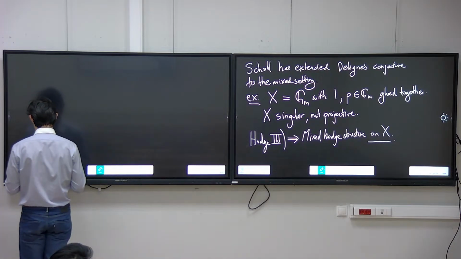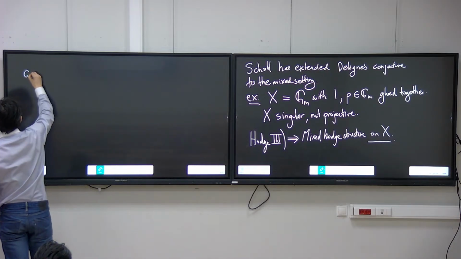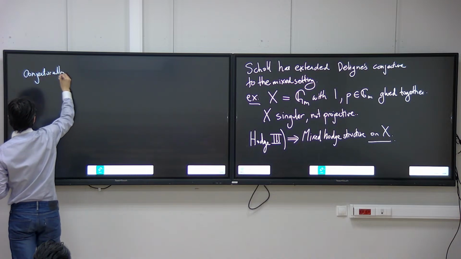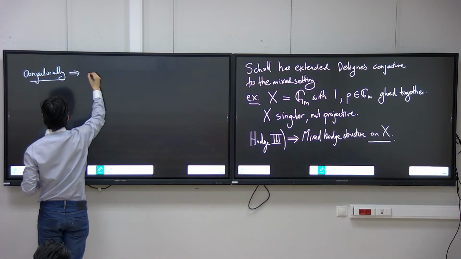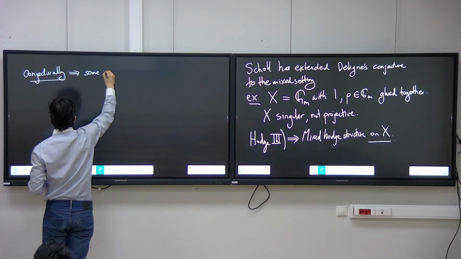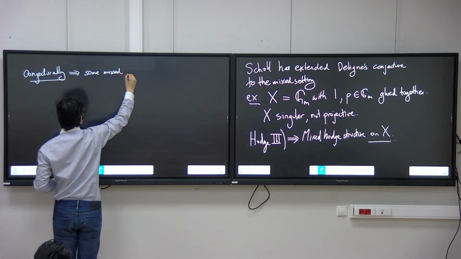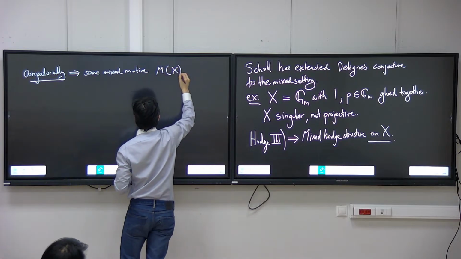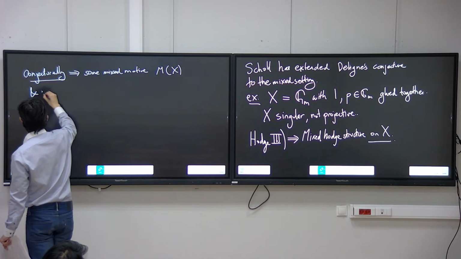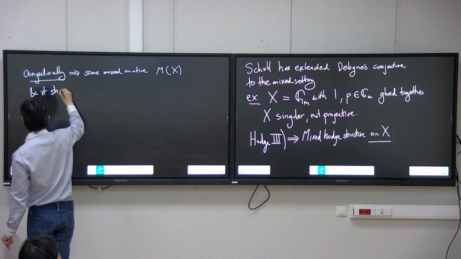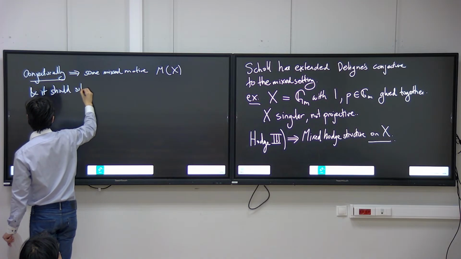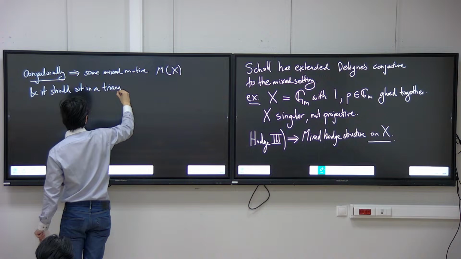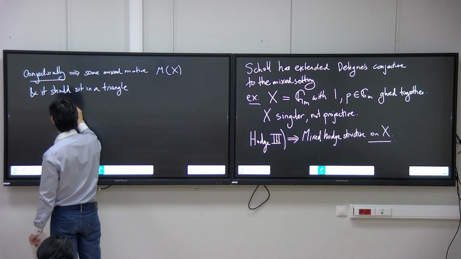Conjecturally, there should be some mixed motive M of X, and it should sit in a triangle. So you have the pure motives.